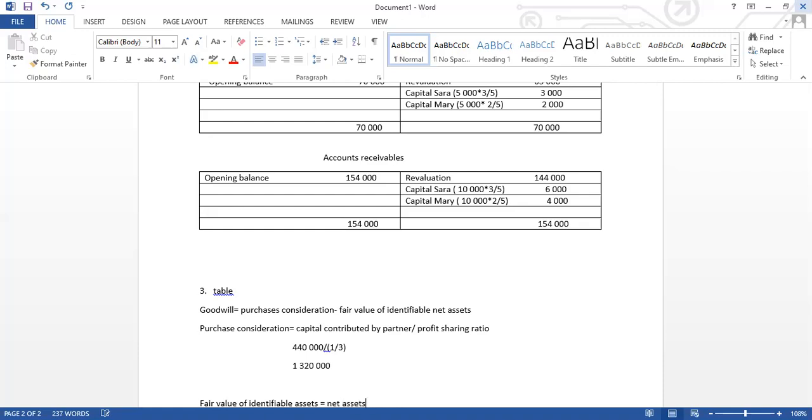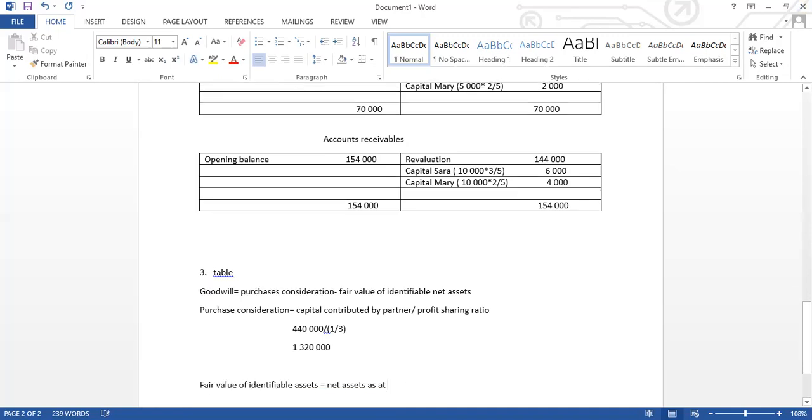Now we are trying to find our fair value of identifiable assets.